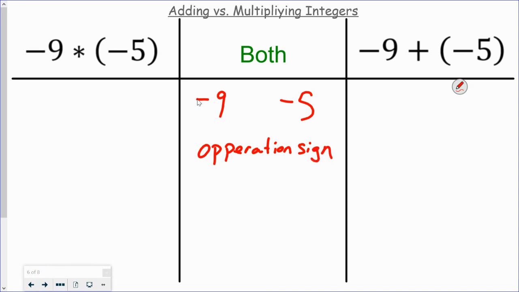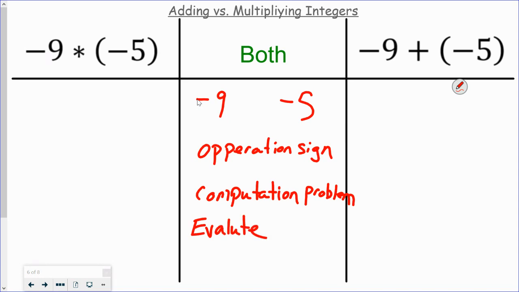They are both a computation problem. They both need to be evaluated. That also means to solve. Okay, so then let's go and see what they actually mean.